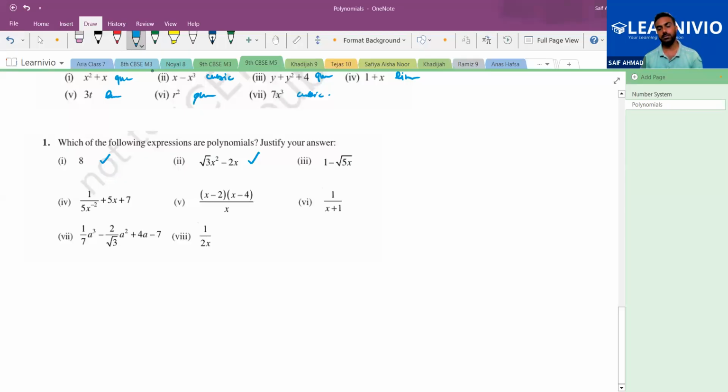Tell me about the third one, Mohammad Ali. The third one is not a polynomial, because the square root is on the variable. Fourth one, Lokia, is it a polynomial? Yes, sir, because when we take this x square into the numerator, it becomes a polynomial.